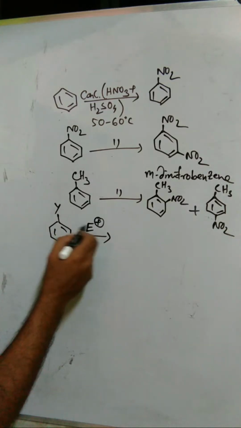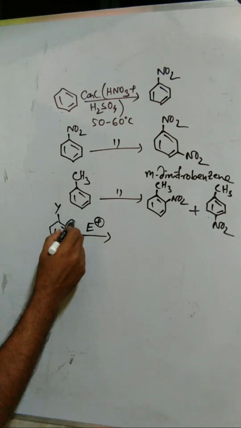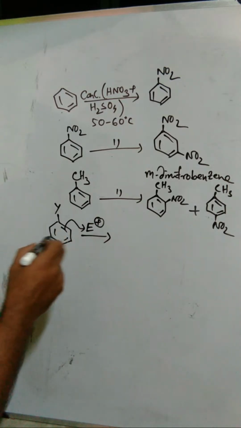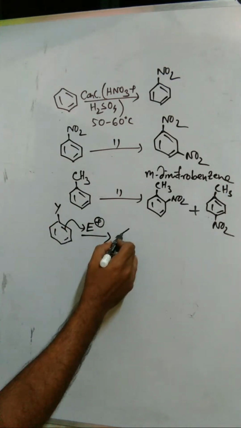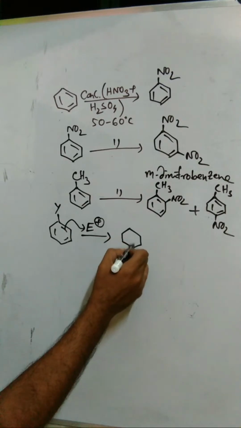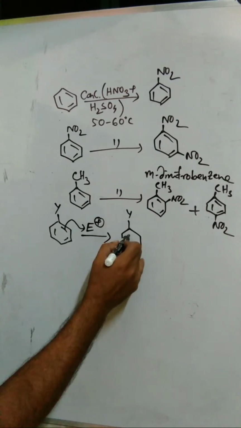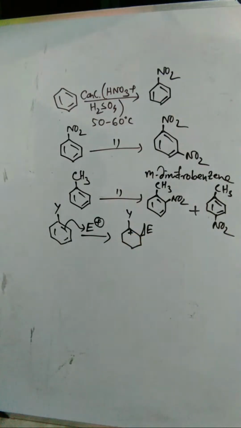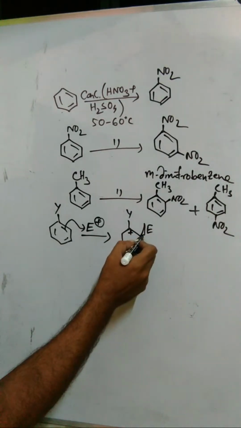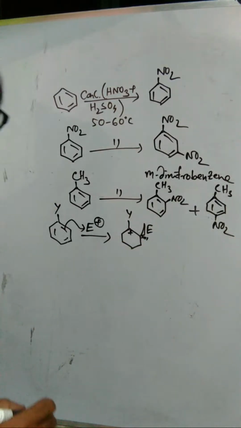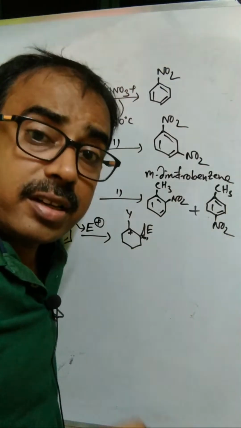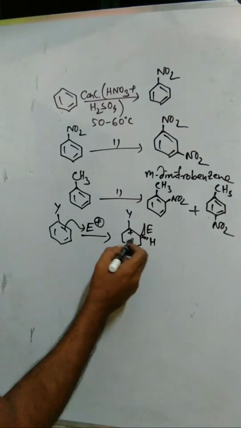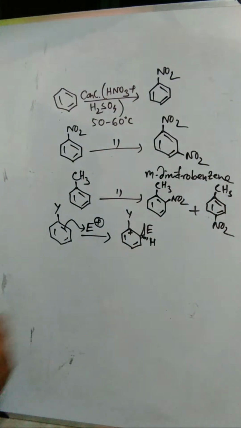If the electrophile comes in the ortho position, that bond has to be broken and the positive charge resides on the carbon which is carrying the substituent Y. So E goes above the plane, and the hydrogen that was already present in the benzene ring goes below the plane, and those two pi bonds remain intact.